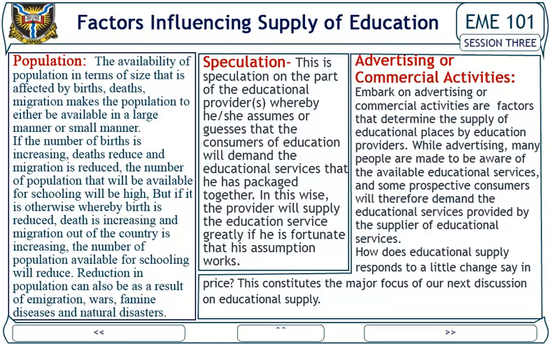Advertising or commercial activities. Embarking on advertising or commercial activities is a factor that determines the supply of educational places by education providers. Through advertising, many people are made aware of the available educational services, and some prospective consumers will therefore demand the educational services provided by the supplier.